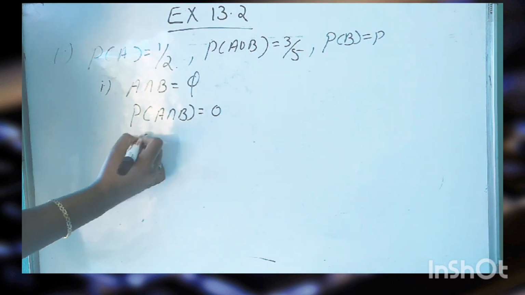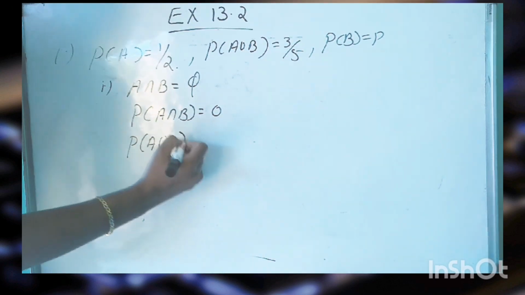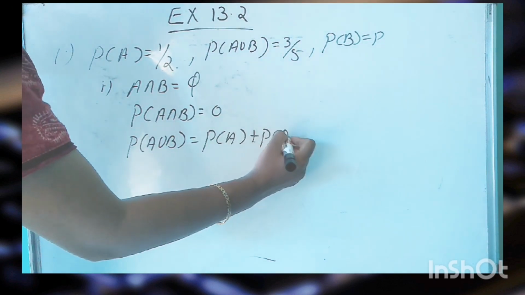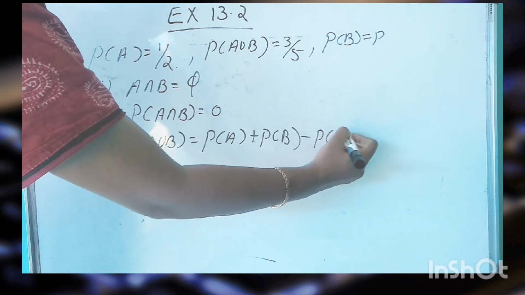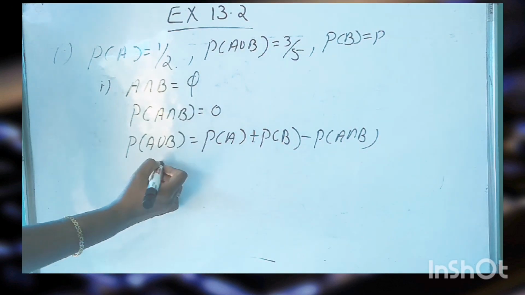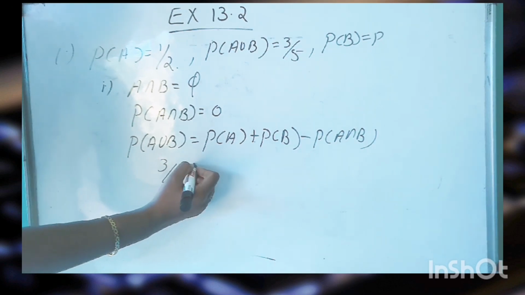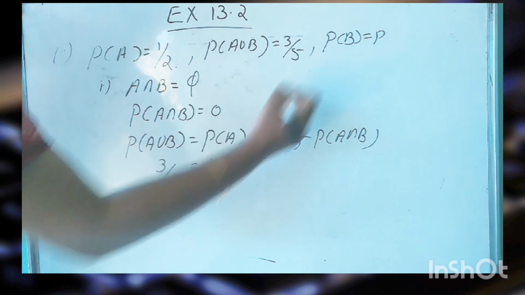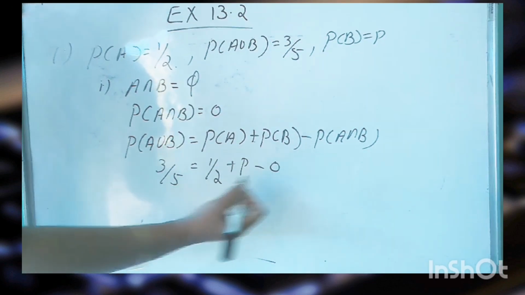Now we know that P of A union B is equal to P of A plus P of B minus P of A intersection B. P of A union B, that is 3 by 5, is equal to P of A, 1 by 2, plus P of B, P, minus 0.